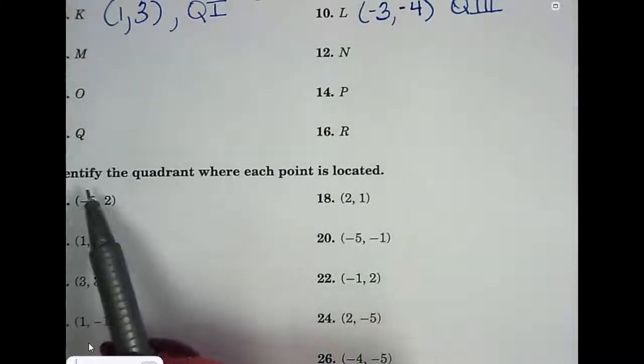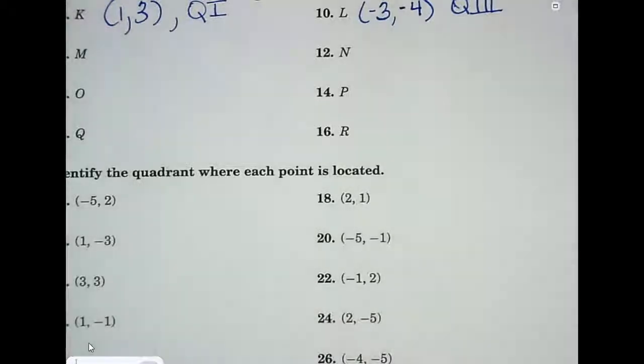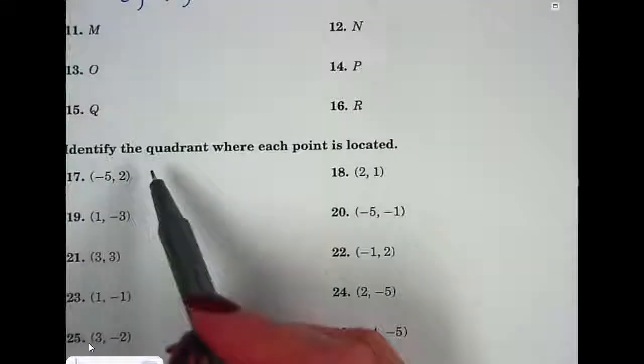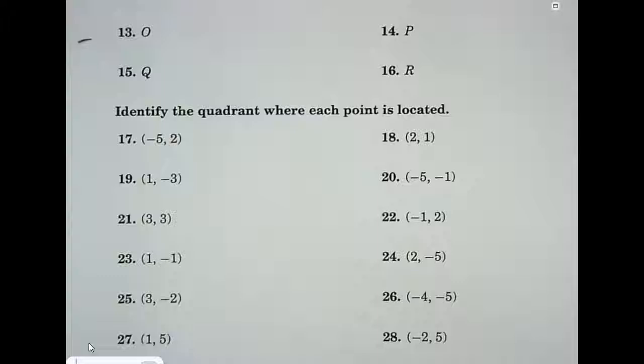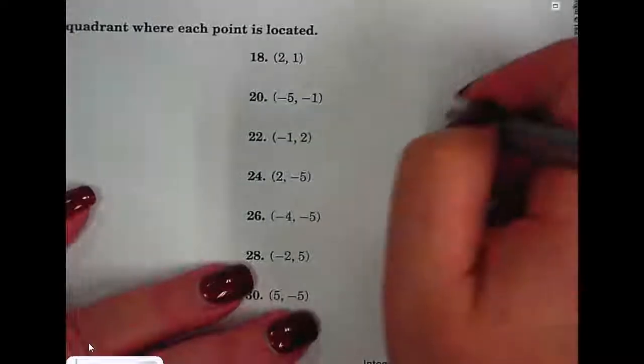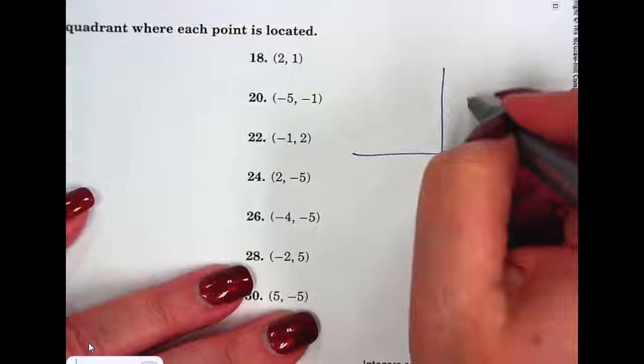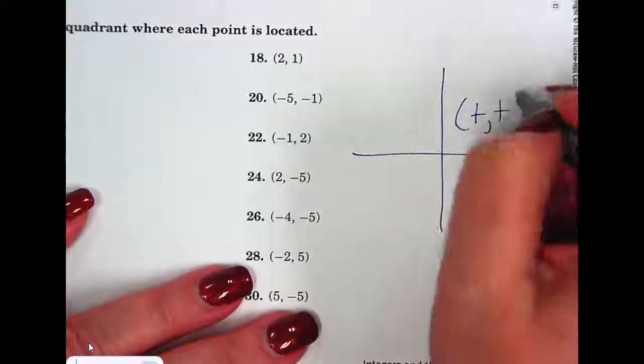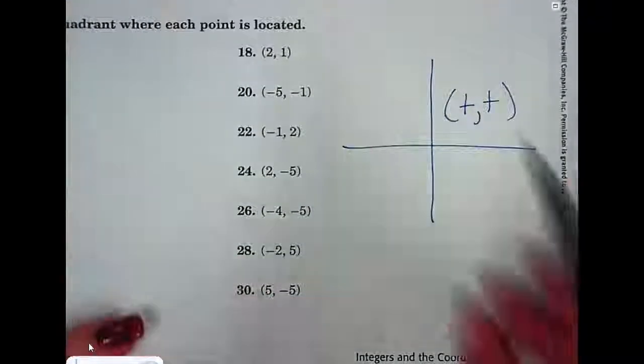And this last part says, identify the quadrant where each point is located. So you're just telling quadrant 1, quadrant 2, quadrant 3, quadrant 4. Okay? So you can use this if you need to, or you could draw this. And like we know, this one is positive, positive. Use this as practice.